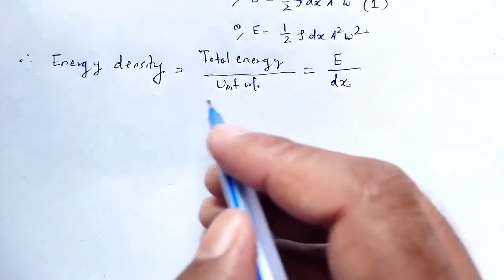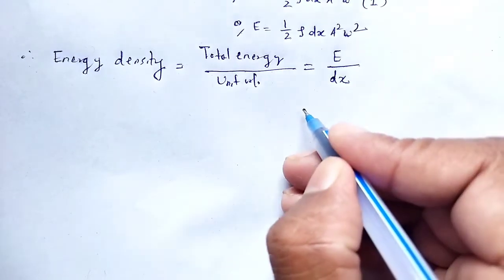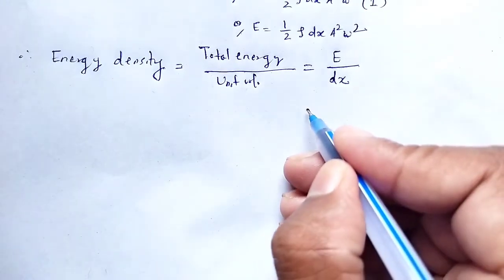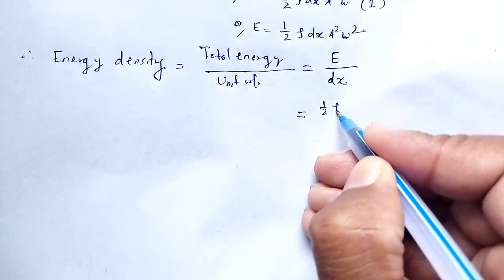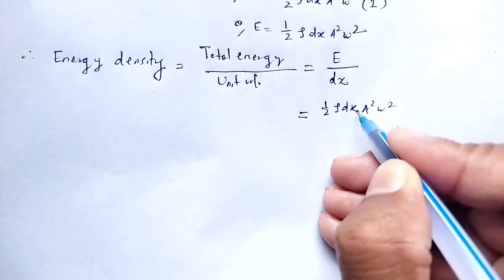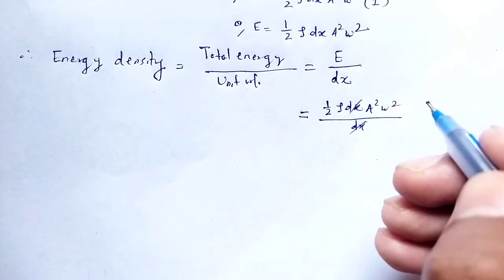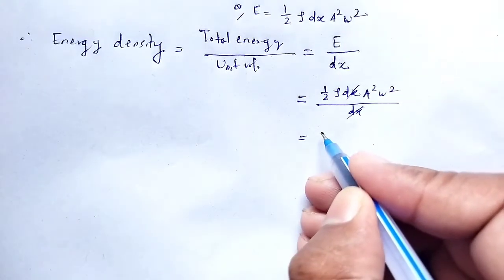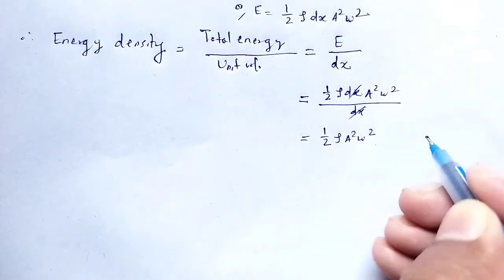Now, the energy density is equal to E by dx, which is equal to half rho dx a square omega square divided by dx. Dx cancels out. We have half rho a square omega square.